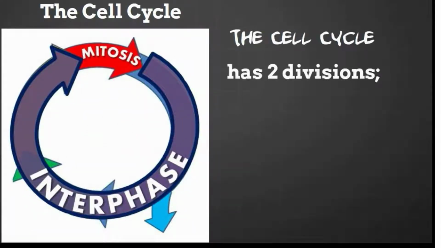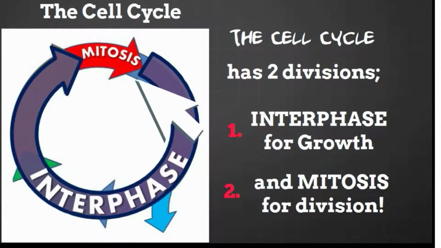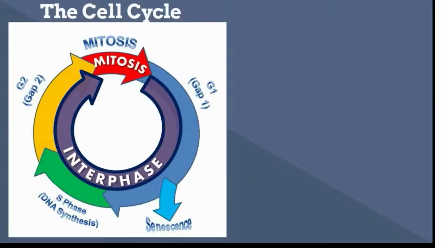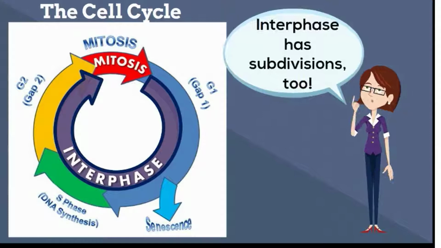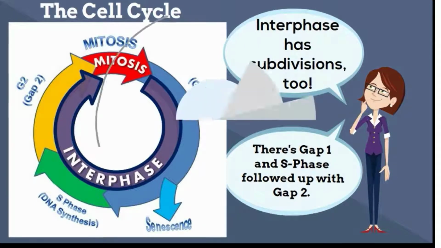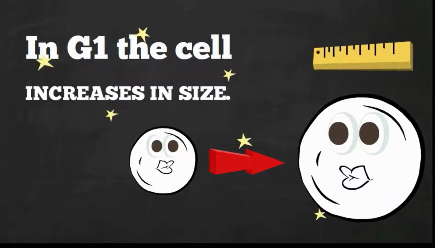The cell cycle has two divisions, interphase for growth and mitosis for division. Interphase has subdivisions too. There's gap 1 and S phase, followed by gap 2. In G1, the cell increases in size.